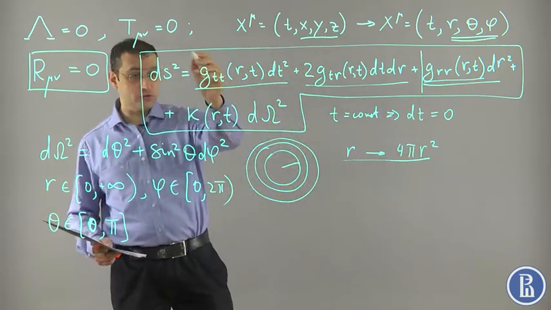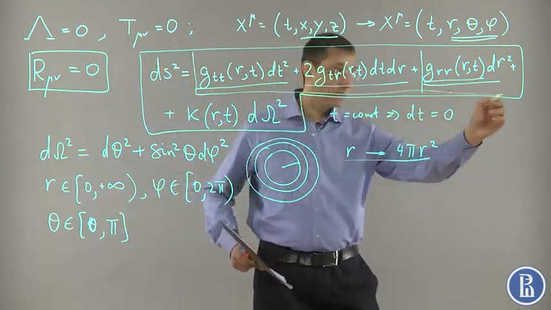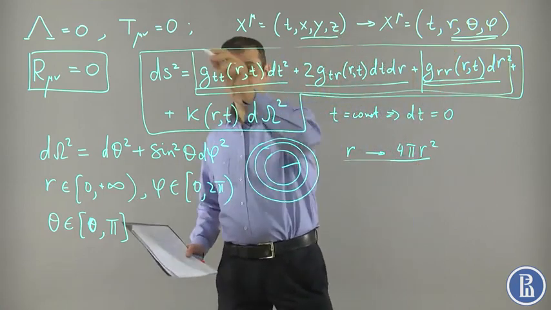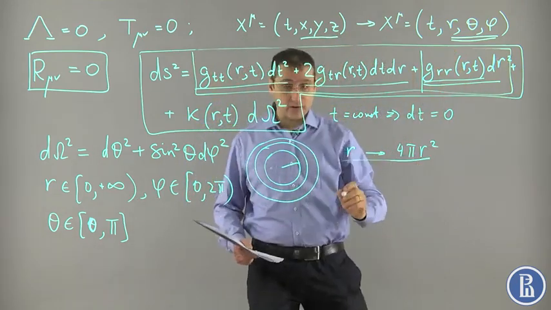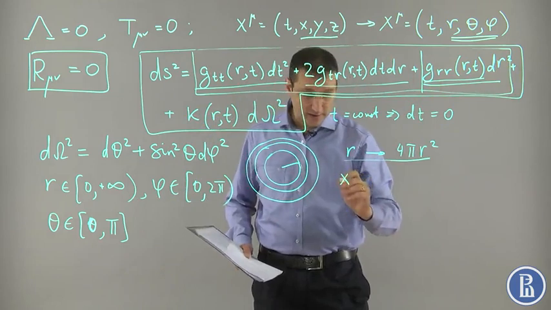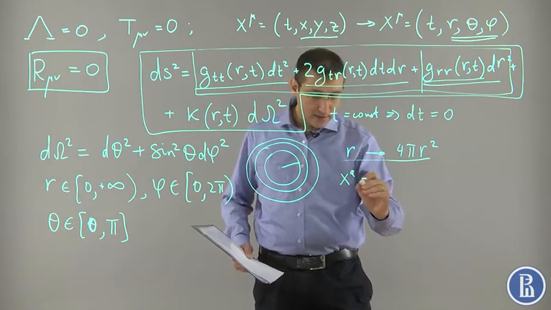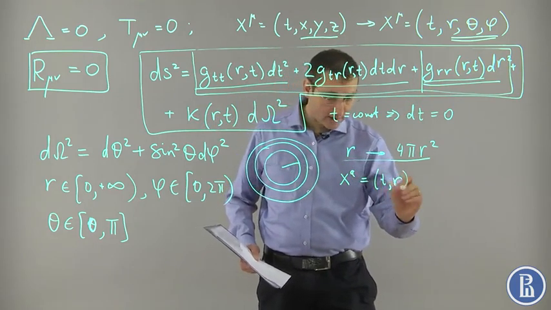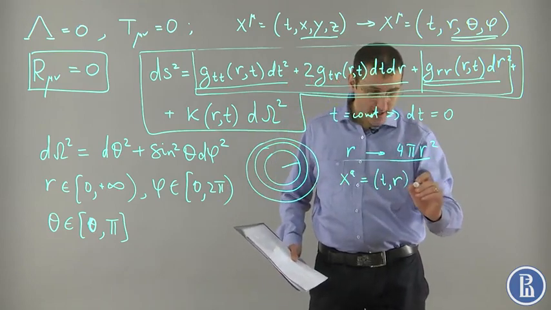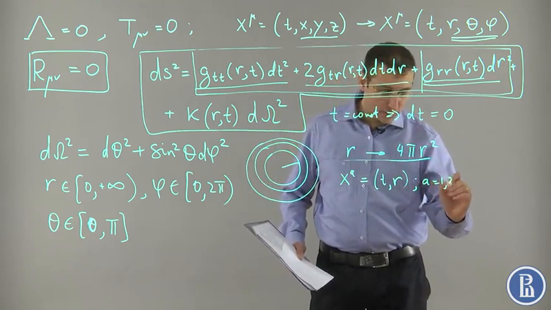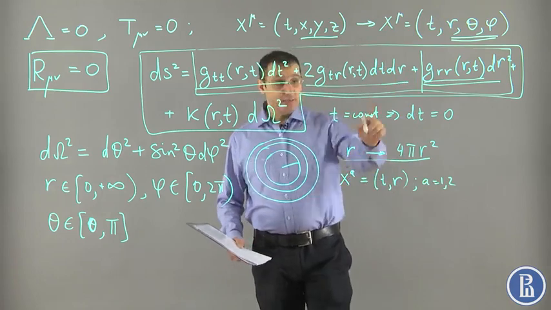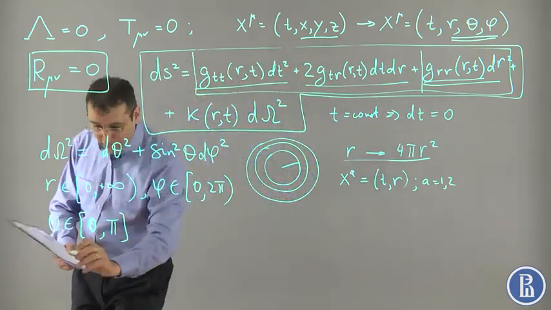So if we choose only this part, this metric is invariant under the coordinate transformations if one takes a vector x^a, which is t and r, which has components like this. So a runs from 1 to 2. So this metric is invariant under the following transformation.